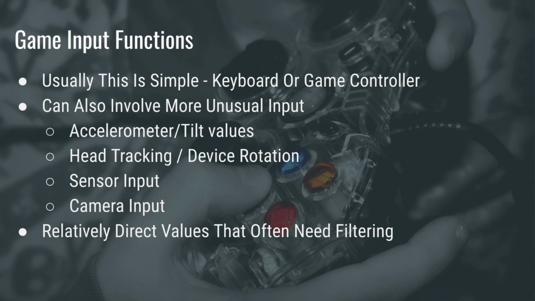Buttons are pretty obvious, no big deal, those are simple situations. But if you have a controller, some of the triggers can be very analog in nature, and they're spitting out tons and tons of values. If that's going directly to controlling an audio parameter, that can be a lot of data streaming out. So it may need filtering as a result, because it has way too much data coming through.